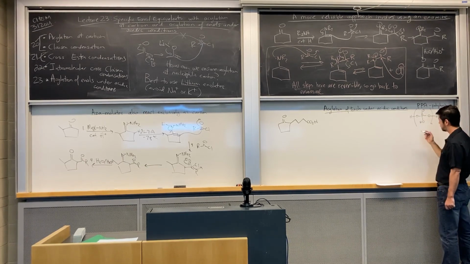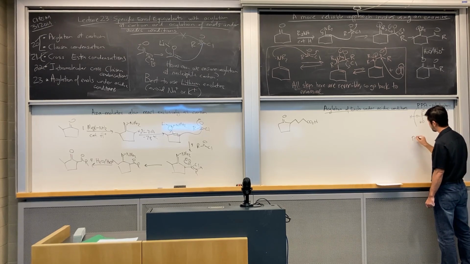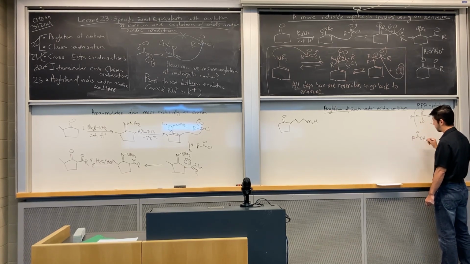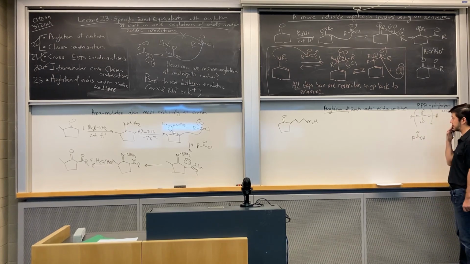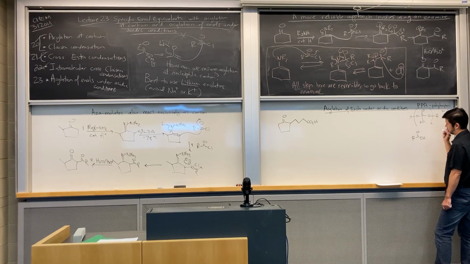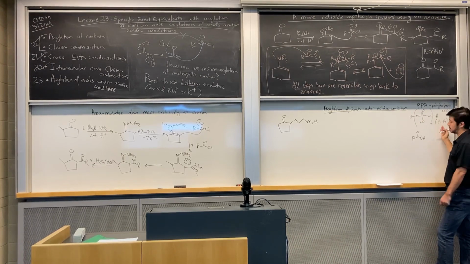What polyphosphoric acid is good at doing is taking carboxylic acids and further protonating them. And I'm going to show you what happens. So let's do this right now. So I'm just going to abbreviate this as HA, as a generic Bronsted acid.